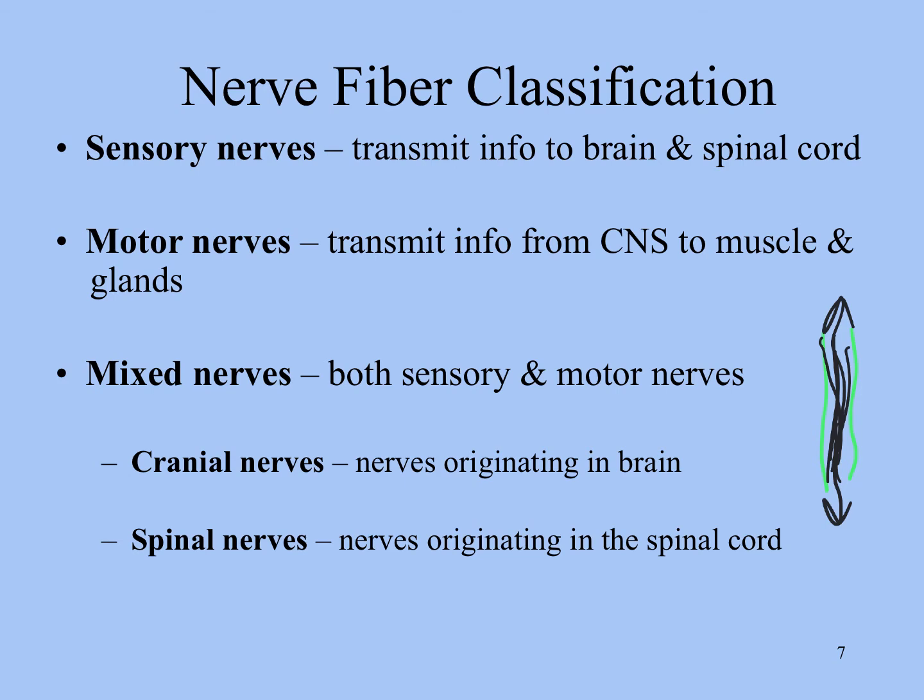And so when we classify nerves as either being sensory in nature, which means that all of the axons within that nerve are transmitting info to the brain and the spinal cord, or the central nervous system. They could be motor nerves, which transmit information from the central nervous system, brain or spinal cord, to muscles or glands to have some sort of effect. Or the nerves can be mixed, meaning that you have both sensory axons and motor axons traveling in both directions within that nerve.